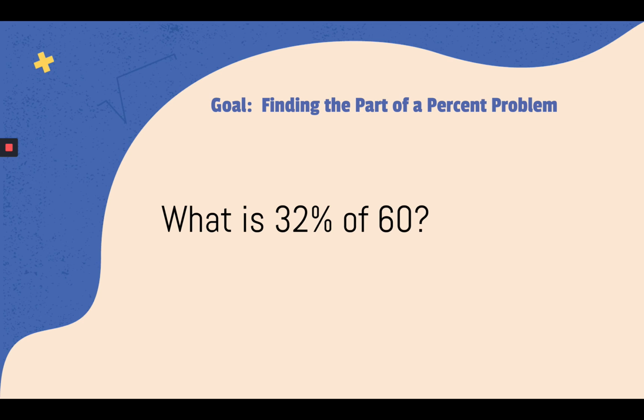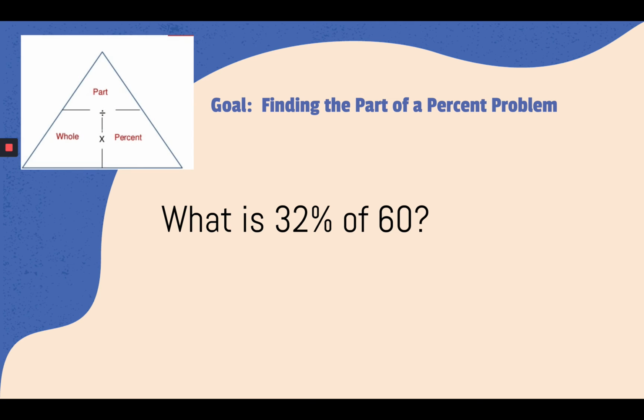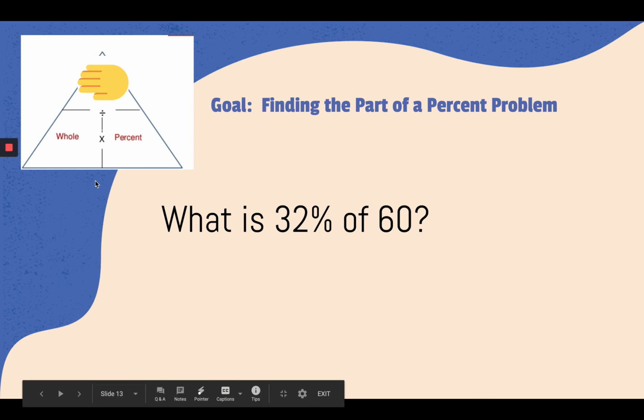So your questions will look like this, and they're all the same type of questions today. What is 32% of 60? So you've got the percent and you've got the whole amount. Remember, if we had that little triangle, we'd cover up what we're looking for, and we know it's whole times percent.